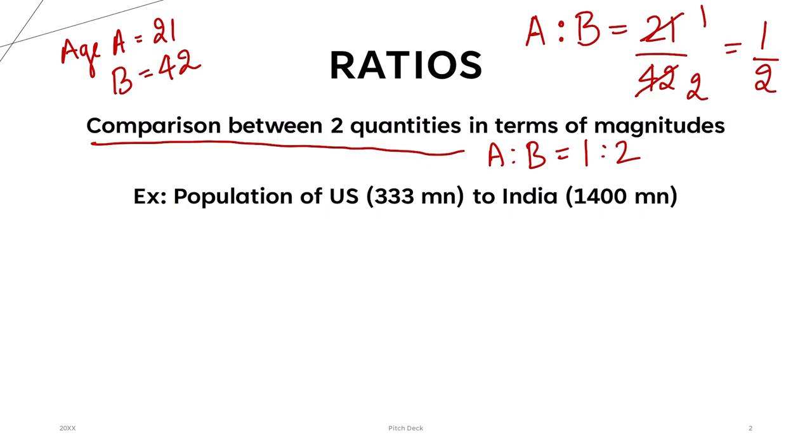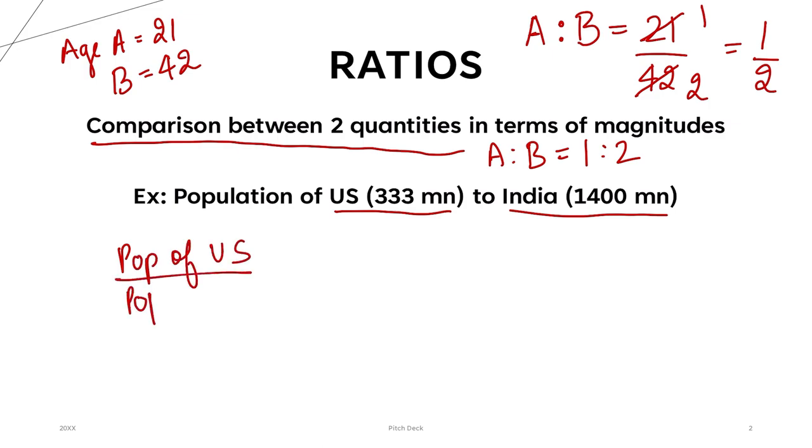Now let's take this example: the population of USA is 333 million and India is 1.4 billion, or 1400 million. These are the current populations of the two countries. What is the ratio of the population of US with respect to India? It is the population of US divided by the population of India, so this is 333 divided by 1400.